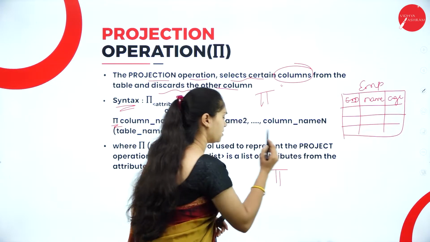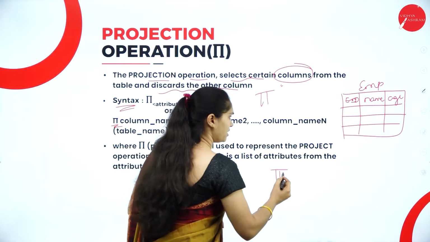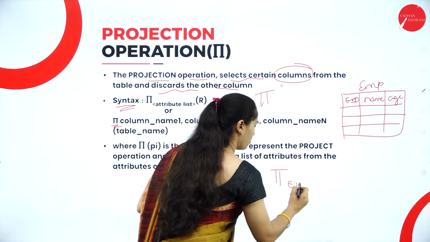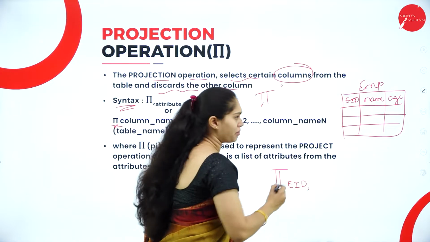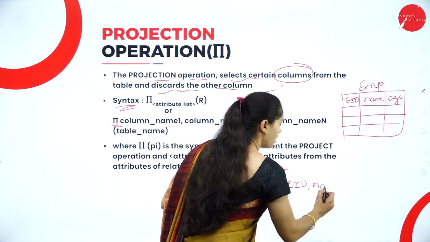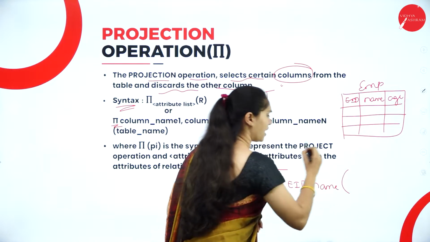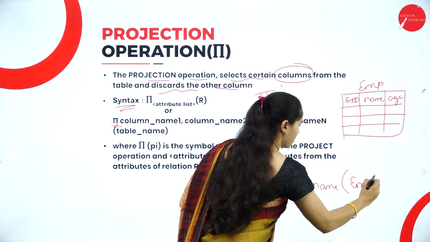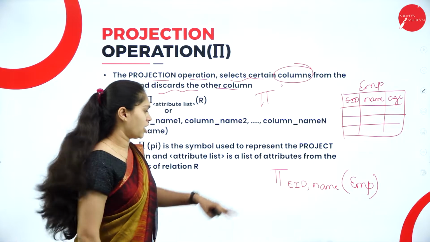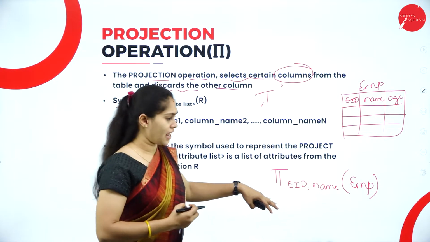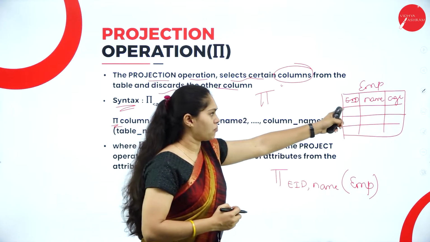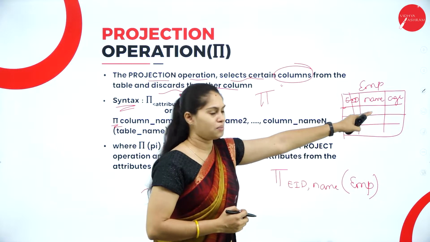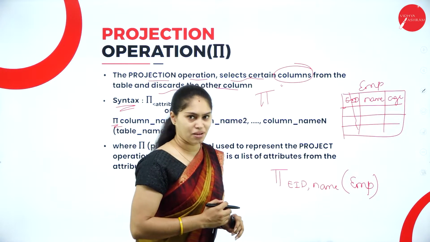You can take the pi symbol, and within that I need to mention employee ID, then put a comma. After that I wanted to retrieve the name from the relation, which is the name of a table here, that is EMP. So this will allow me to retrieve the employee ID and name columns from the relation called EMP.